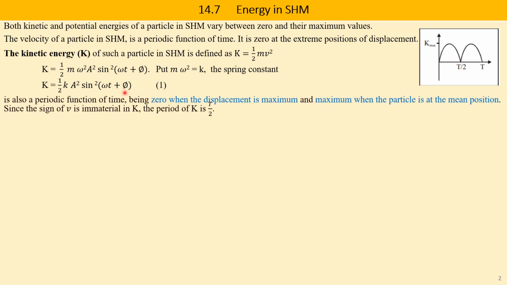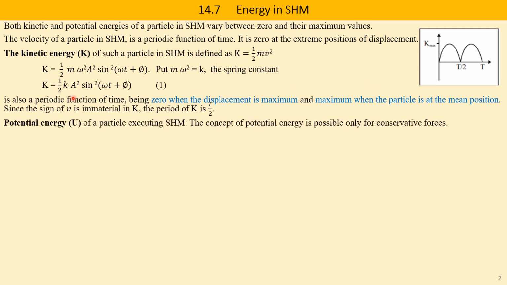If we plot equation 1, that is the time on the x-axis and the kinetic energy on the y-axis, we get the graph as shown in the figure. Here, please note the kinetic energy is also periodic with a repetition at T by 2. The time period is T by 2, representing all halfways. Hence, kinetic energy is also a periodic function, being 0 when the displacement is maximum.